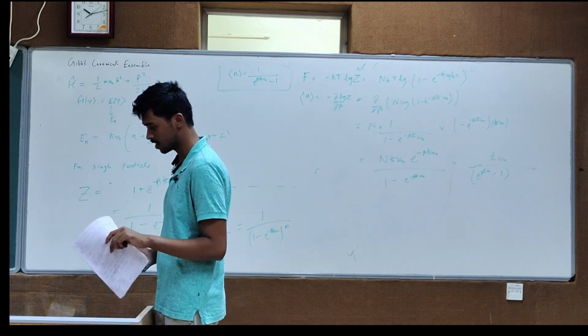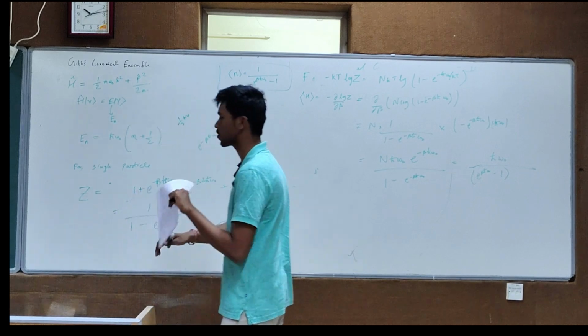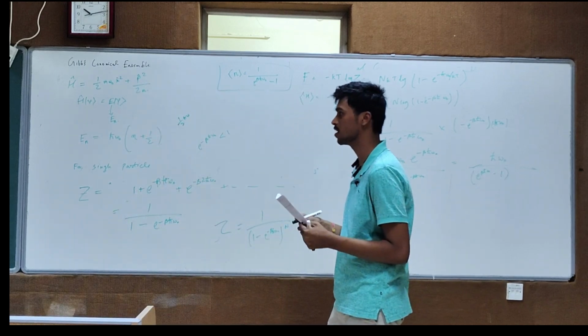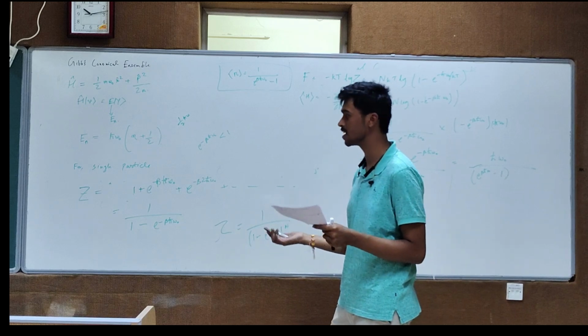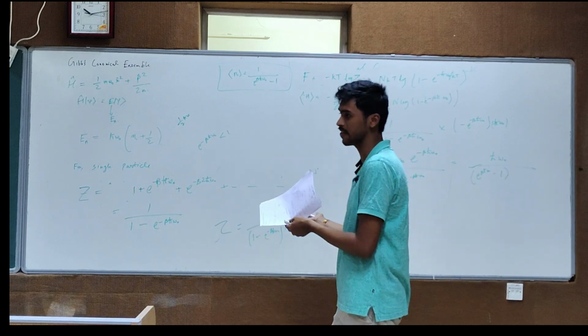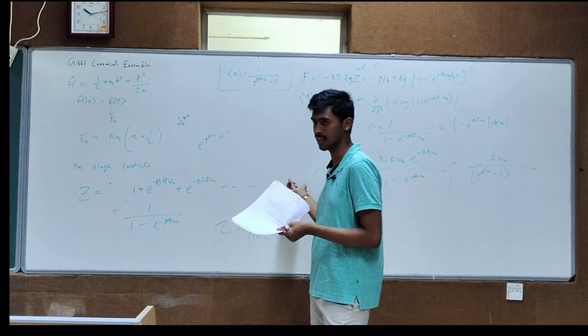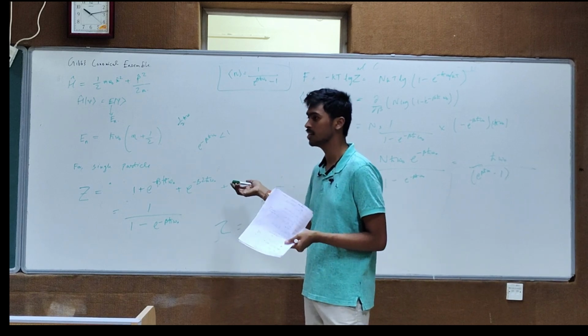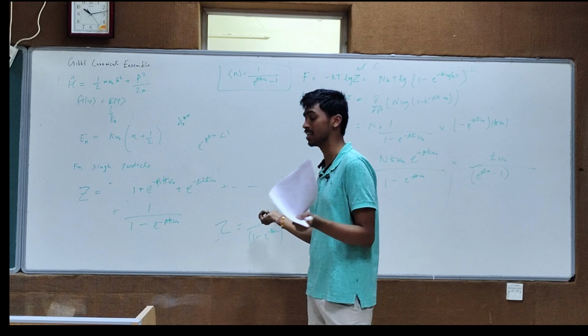So now, once we have this formalism, you might ask, what is so difficult? Given any system, you can always calculate this partition function, and you can find its properties.